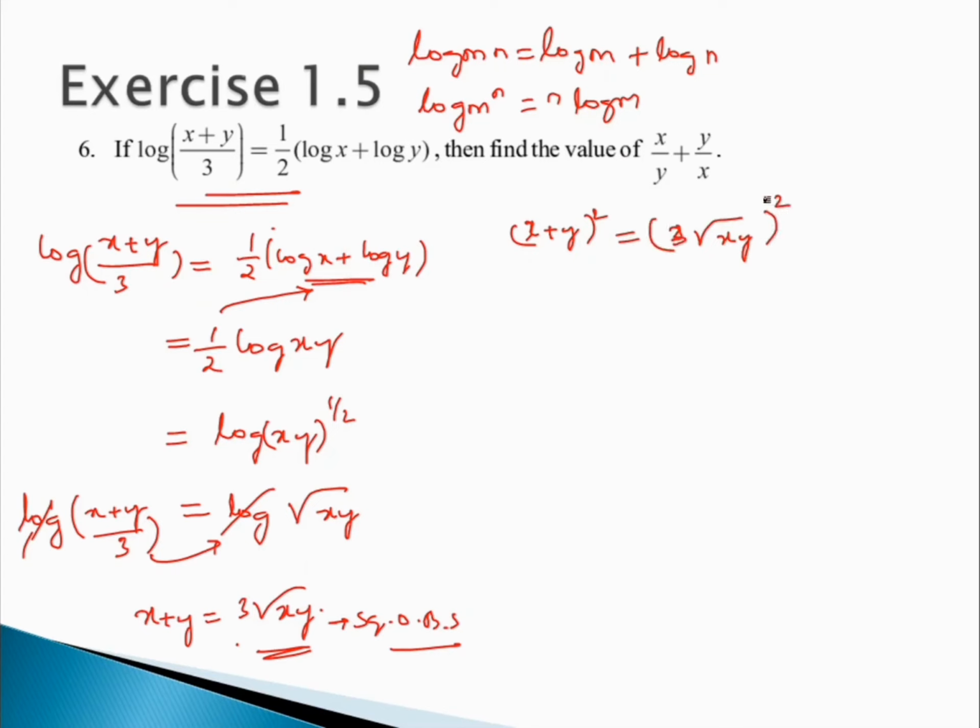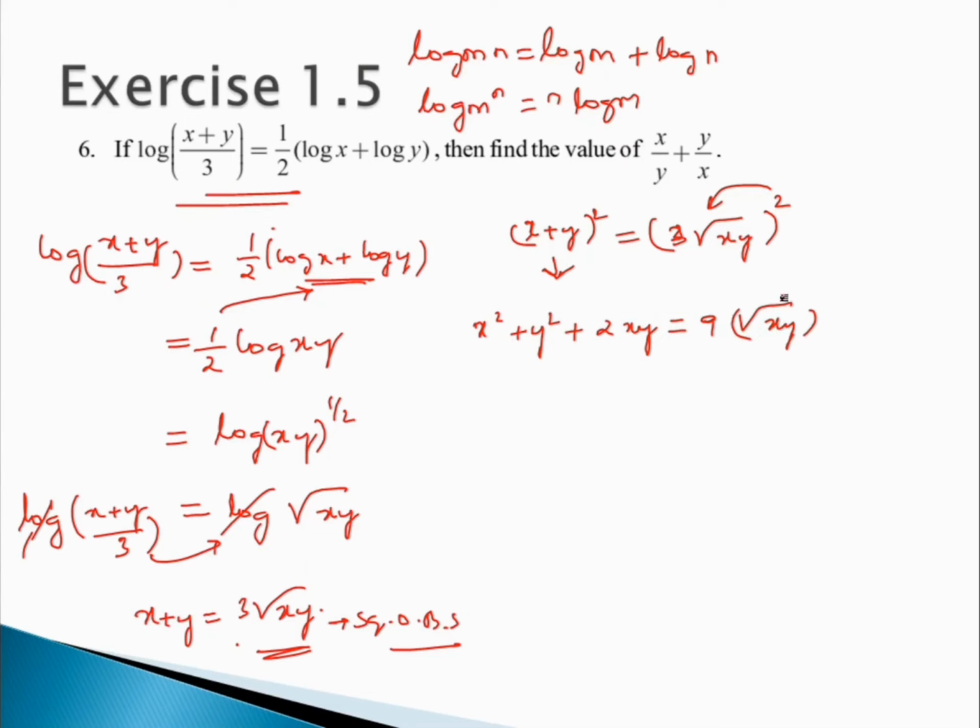Okay, the whole square, now this is in the format of a plus b to the whole square. That is a square plus b square plus 2 times a into b equal to, I'm shifting the square inside, so this becomes 9, and this is your this part, isn't it?